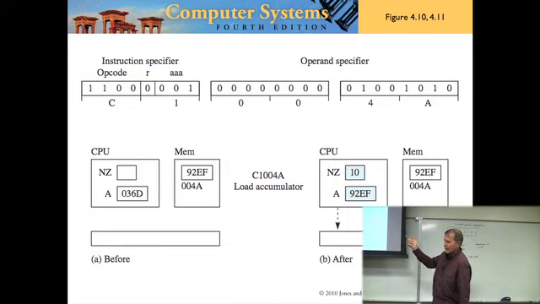Now watch. If you have in hexadecimal the machine language C1004A, do you see how you could expand out the C and the 1 and the 0 and the 0 and the 4 and the A?